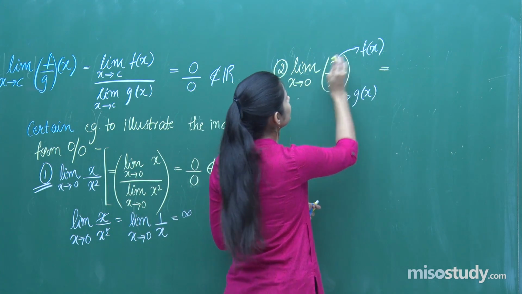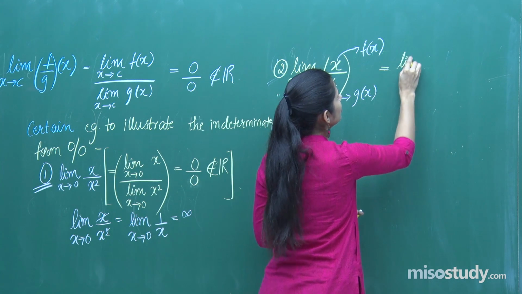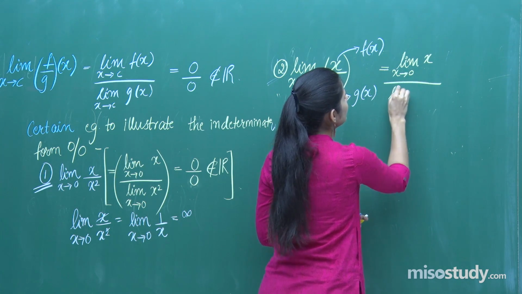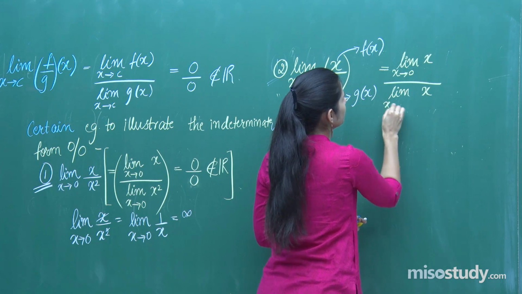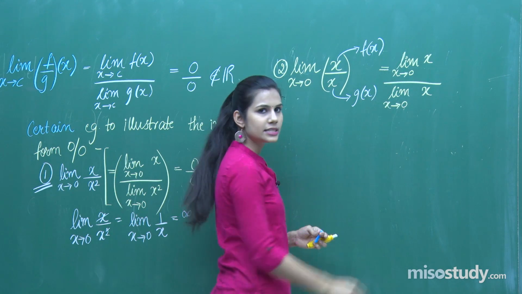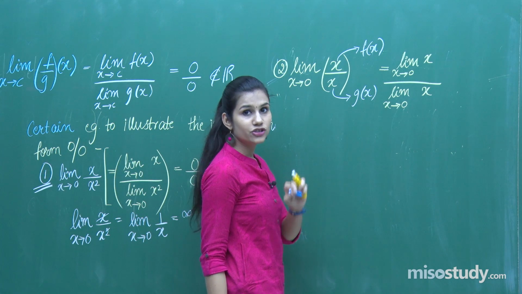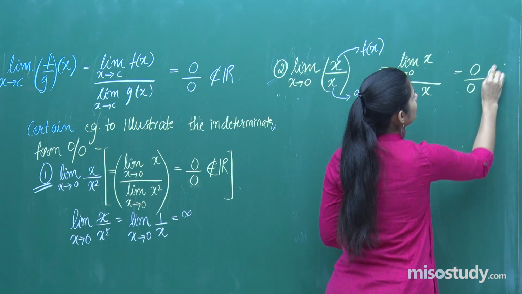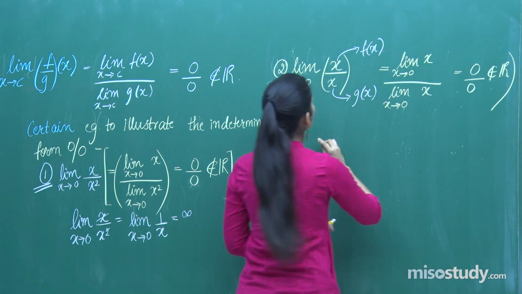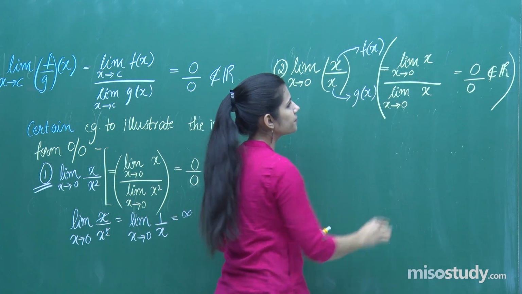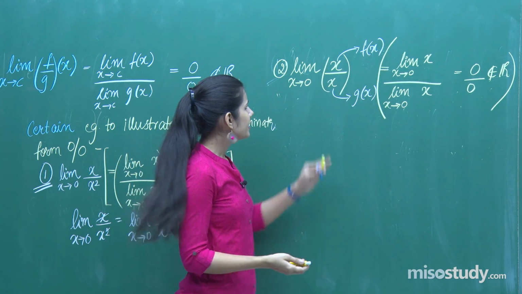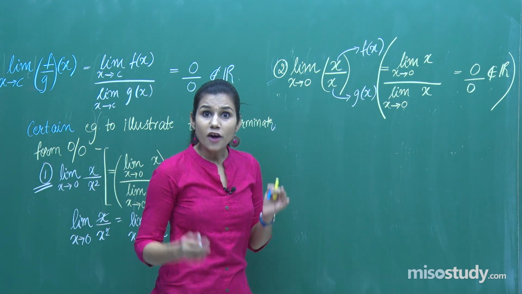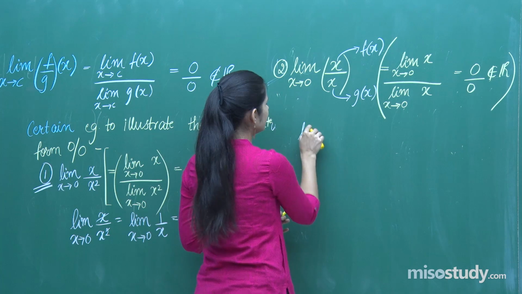Because if you know the limiting behavior of f at 0 and of g at 0, and you do this by taking inspiration from the Algebra of Limits topic, you are going to get 0 by 0, which is not a real number. Does that mean that the limit of x upon x as x approaches 0 does not exist? Of course it exists. Let's see.